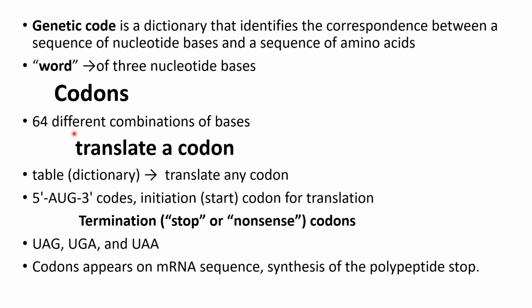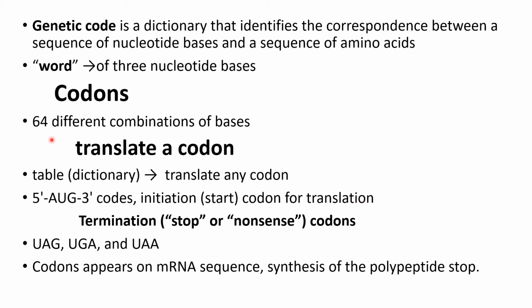It means all of these four types of nitrogenous bases, that is uracil, adenine, guanine, and cytosine, combine in different ways so as to form the 64 types of codons. These codons are then translated into a specific sequence of amino acids in a polypeptide chain. So the genetic code provides a table to correlate the nucleotide sequence with the amino acid sequence in a polypeptide chain.